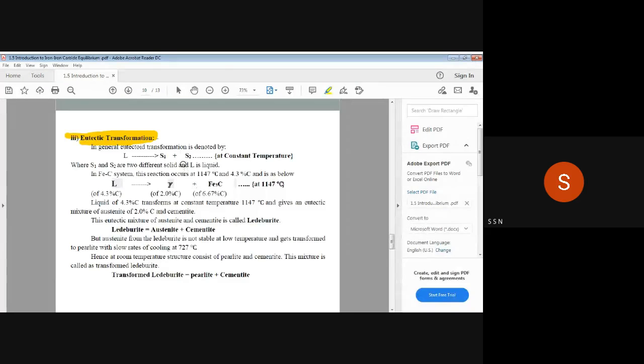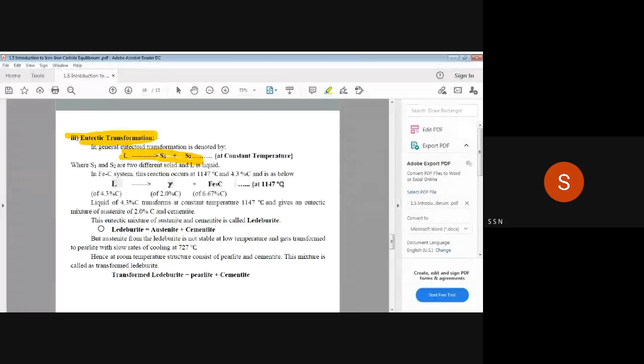Eutectic transformation. Now in eutectic transformation, you have seen while studying the cooling curves, one type of cooling curve, that is cooling curve for eutectic solid solutions. त्याच्यामध्ये तुम्ही बघितलं होतं on one horizontal line, two different solids are present.